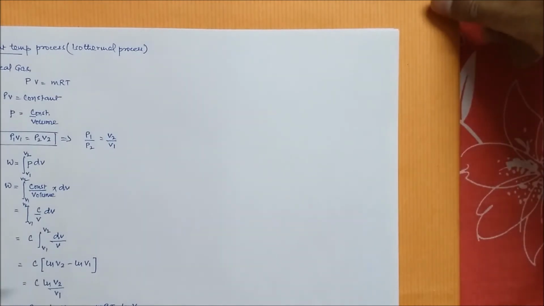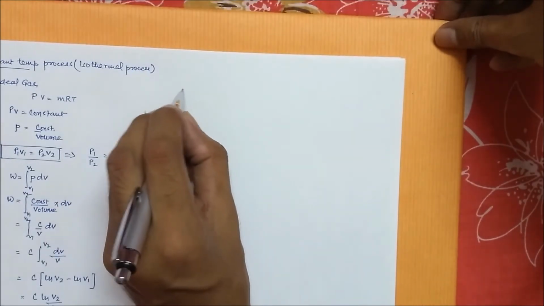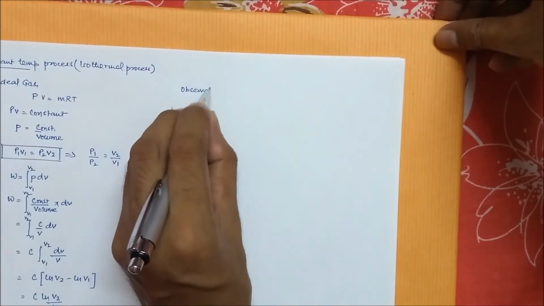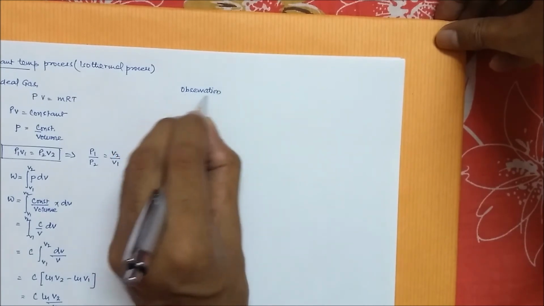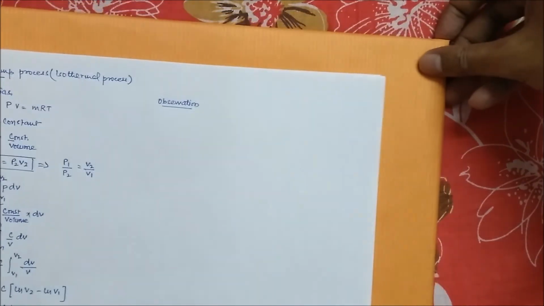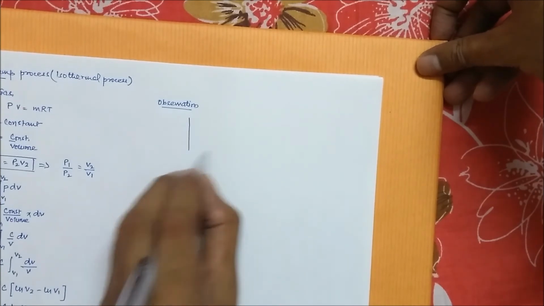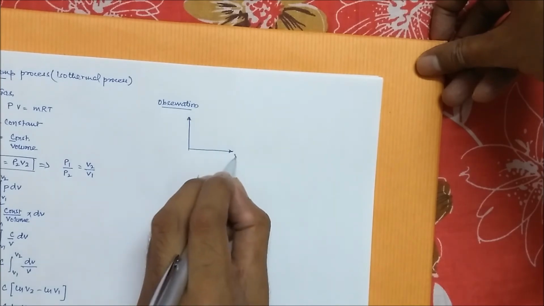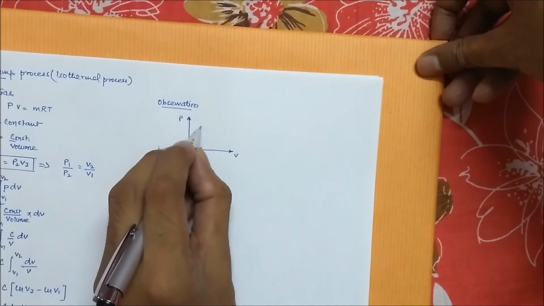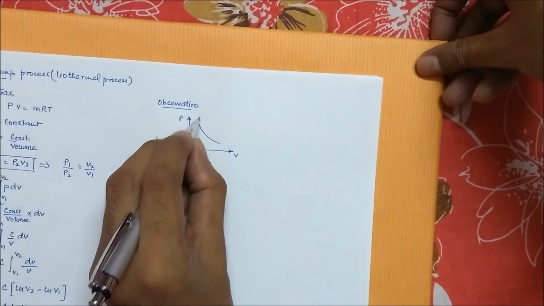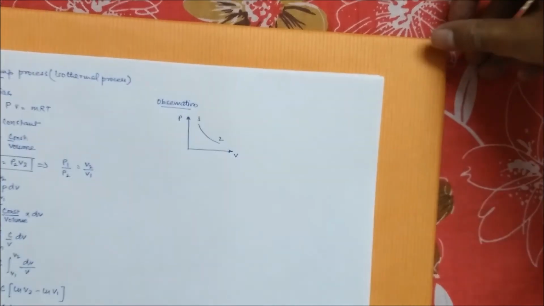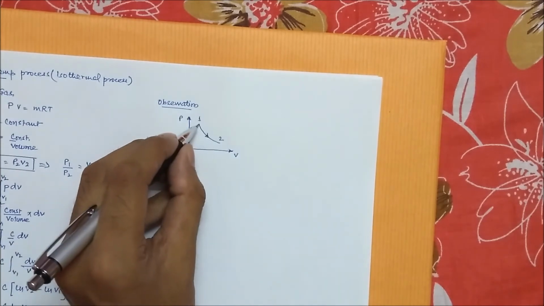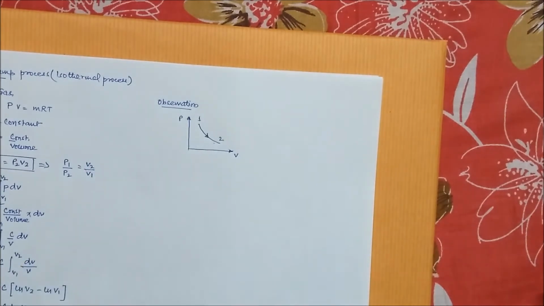From this formula we can observe some points. See, we have this PV diagram, we have this process from 1 to 2. Suppose this process is from state 1 to state 2, right?